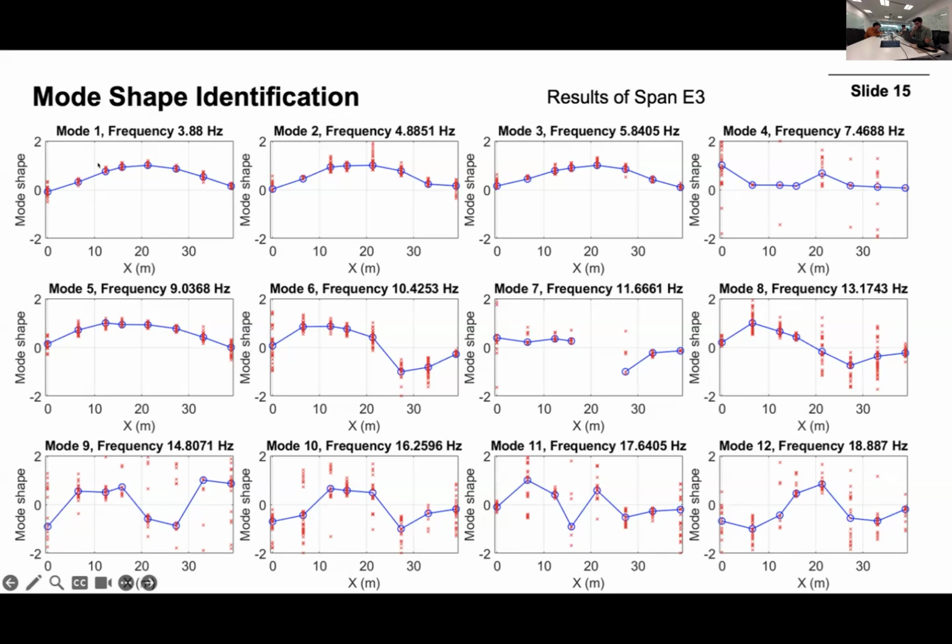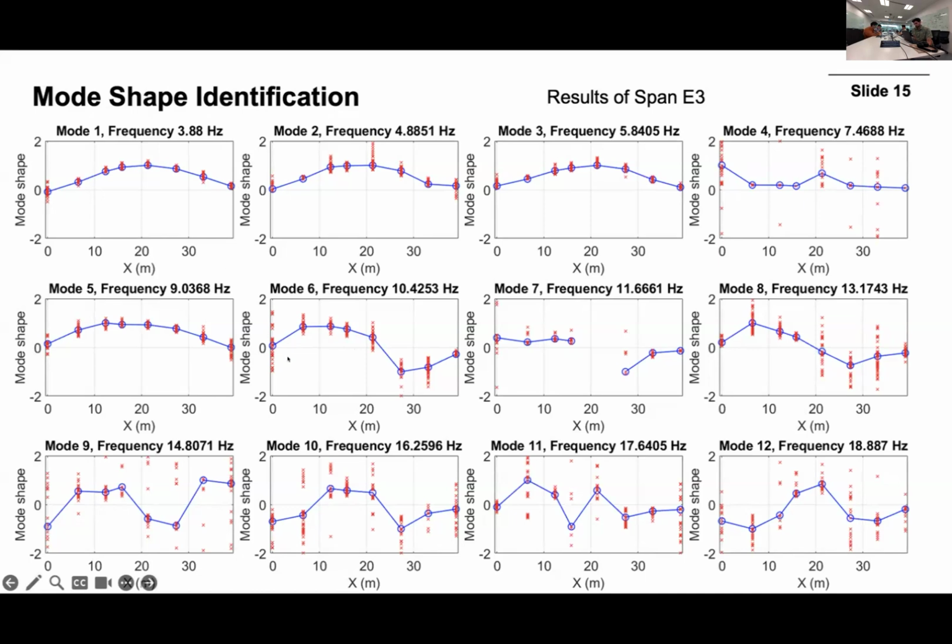For example, mode 1 is definitely more reliable than mode 4, because you can see for mode 4 those crosses are very scattered. And also we can see for higher modes, their uncertainties are higher. For example, for mode 6, you can see the crosses are much more scattered than mode 1.